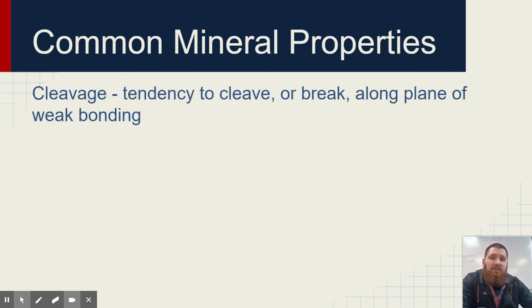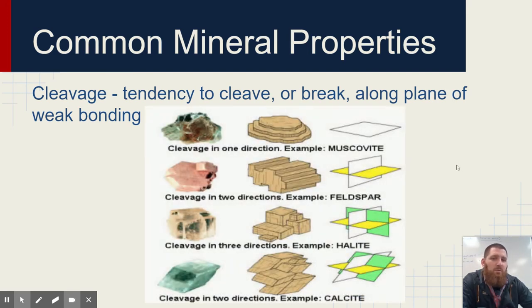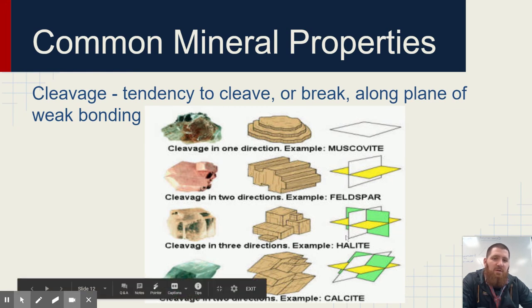There's cleavage, which is the tendency of a mineral to break or cleave. Cleave means to split. So cleave or break along a plane of weak bonding. So this is going to be if we were going to drop a mineral or hit it with a hammer, it would determine how it would break into smaller pieces. It's going to try to keep some sort of repeating structure to it. We can see a number of different things where we've got different planes that sit on top of each other, kind of a puzzle piece shape here, where we have it in multiple directions.